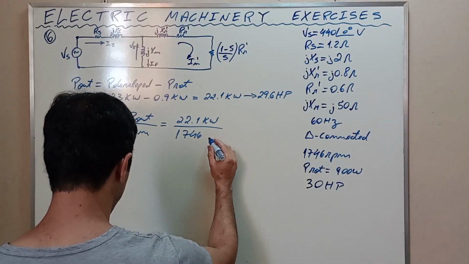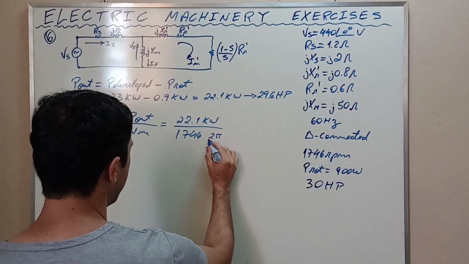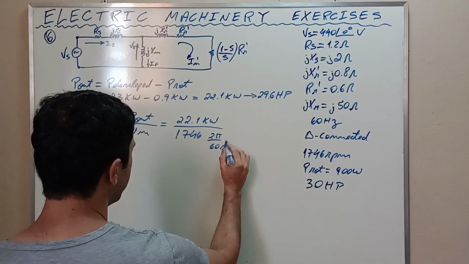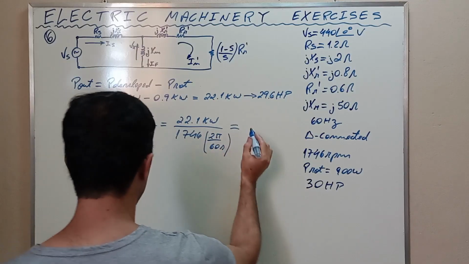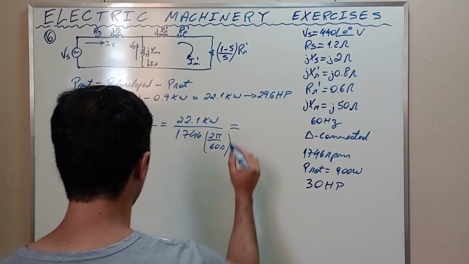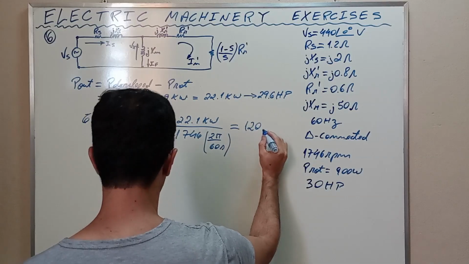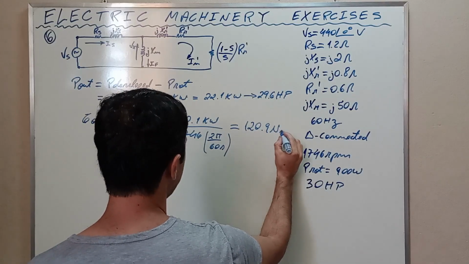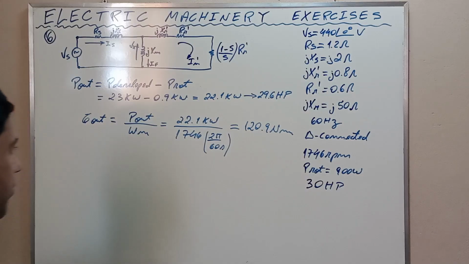I'm going to convert it to radians per second using this conversion factor, and I found that it is equal to 120.6, which gives 191.9 Newton meters. This is the output torque.